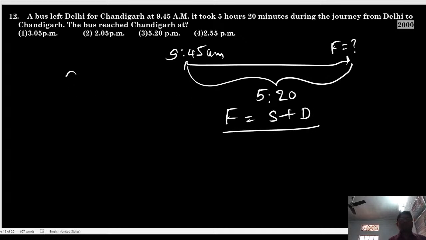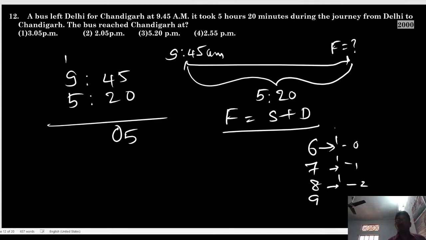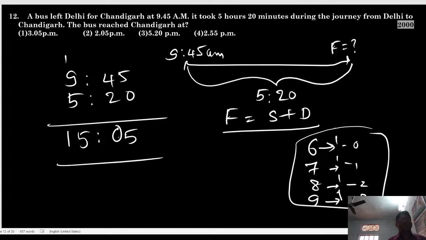This is the formula. 9:45 plus 5:20. 5 plus 0, 5. 4 plus 2, 6, 1 carry, 10, 15. So 15 hours 5 minutes.